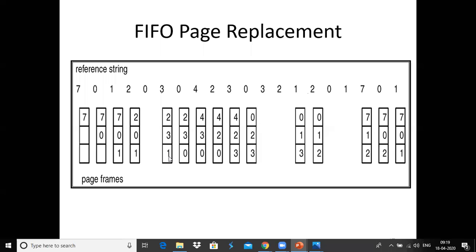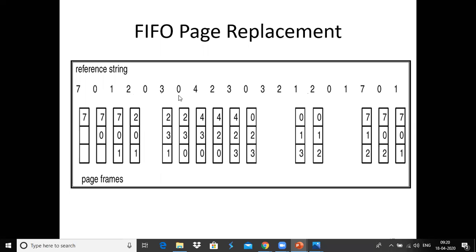Here 1 comes first before 2 and 3, because 3 came recently. That's why 1 will be replaced. So 0 comes here. So again a page fault for page number 0.